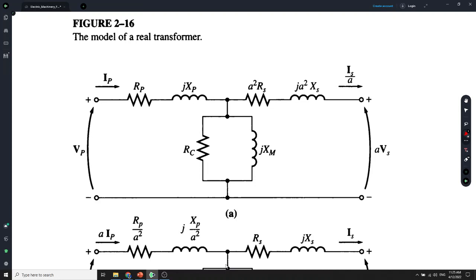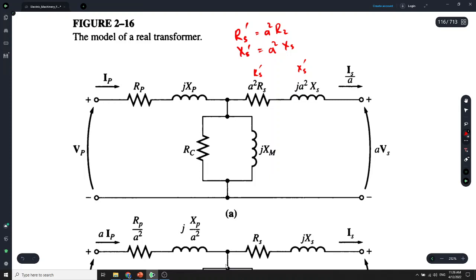We can name this Rs prime, which is equal to a squared R2. And this is Xs prime, which is equal to a squared X2. We can write it another way: this is equivalent to Vs prime, and this one you can also write as Is prime.